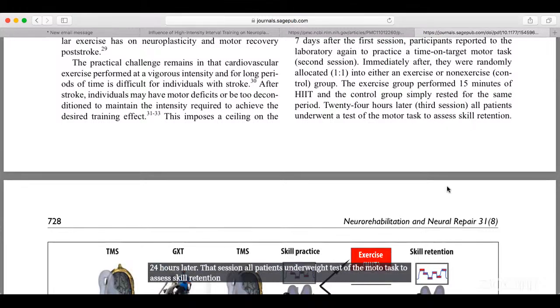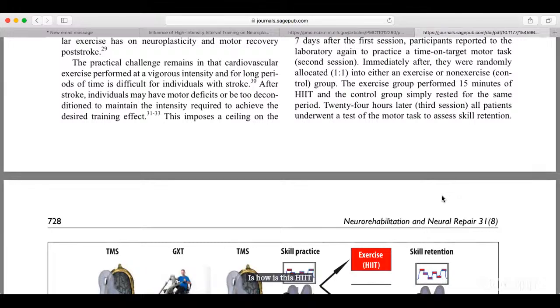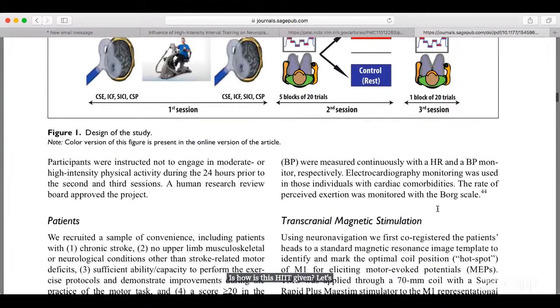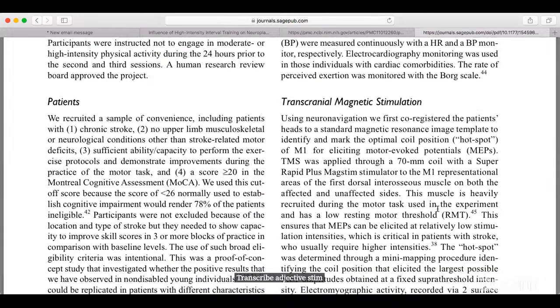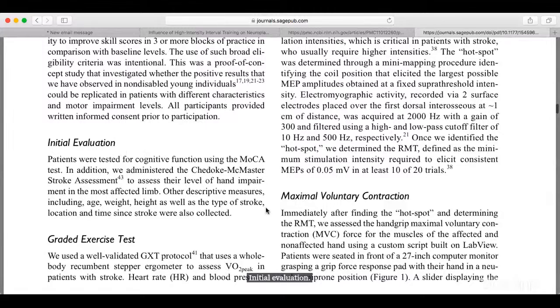What I'm trying to extract here is how this HIIT is given. Let's get the full process. Transcranial magnetic stimulation, initial evaluation. This is the graded exercise test.